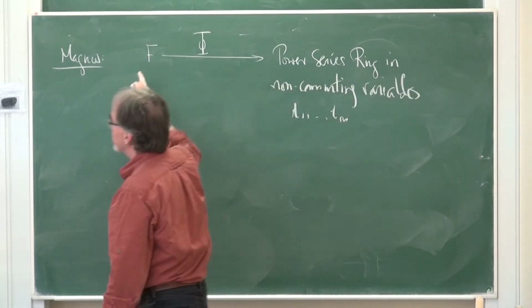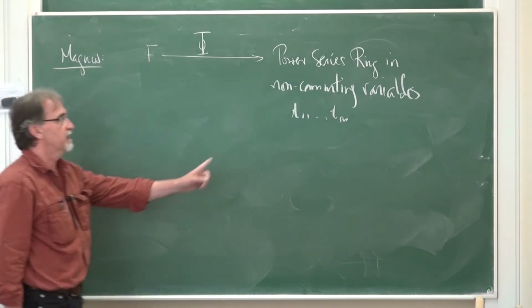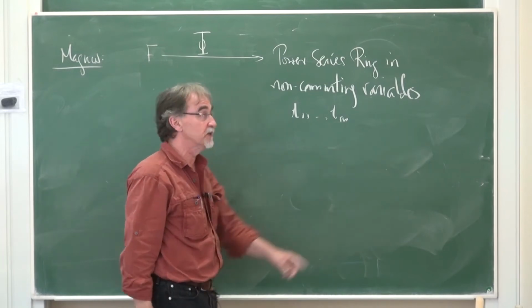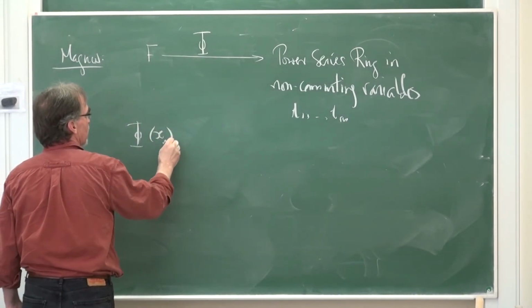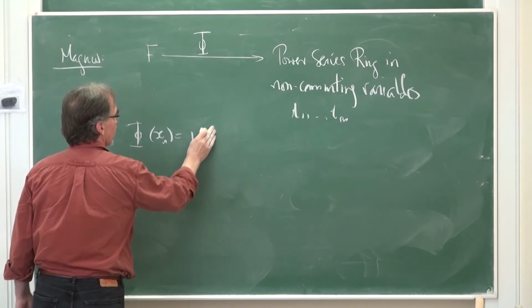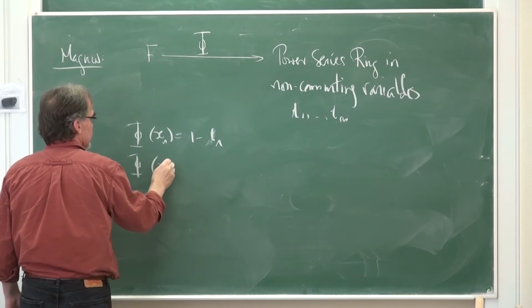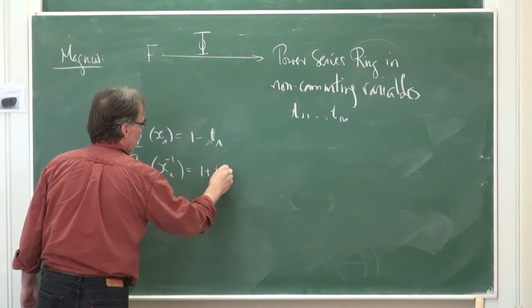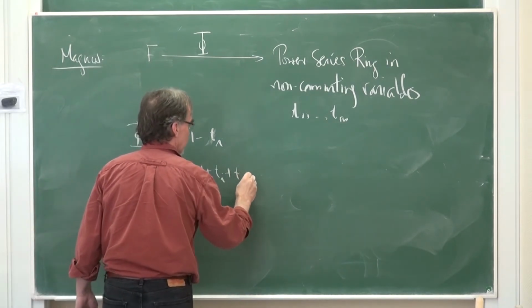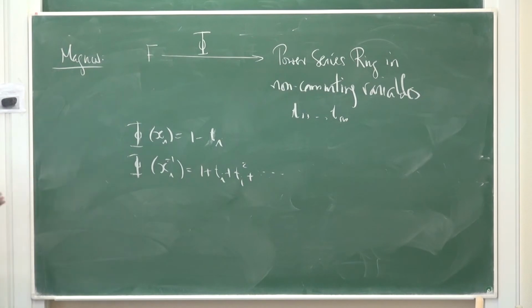So this is free on the meridians, the xi's, and then I get something in the non-commuting variables in the ti's. This takes xi to 1 minus ti, and it takes xi inverse to the obvious thing, ti plus ti squared plus dot dot dot. Now this is non-commuting. Ti, tj, and tj, ti aren't equal.